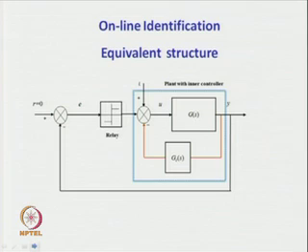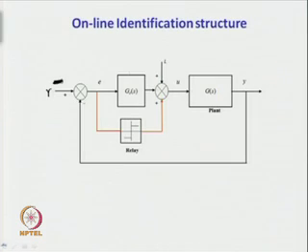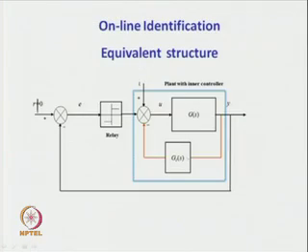Now, we can represent the online identification structure by some equivalent diagram. If you look carefully, again R is not equal to 0. Then G(s) is now subjected to some inner feedback with a controller Gc(s). The earlier feed forward path controller Gc(s) now appears in the feedback path.